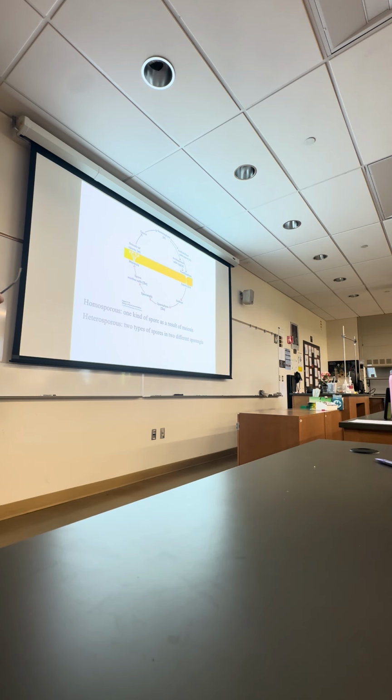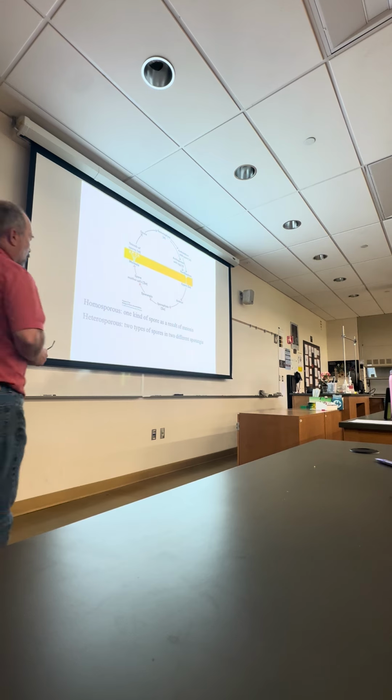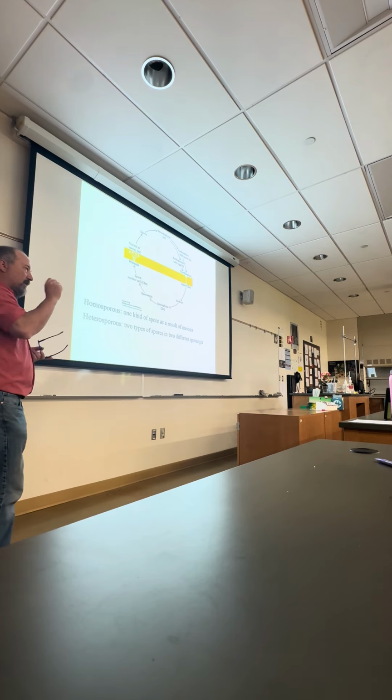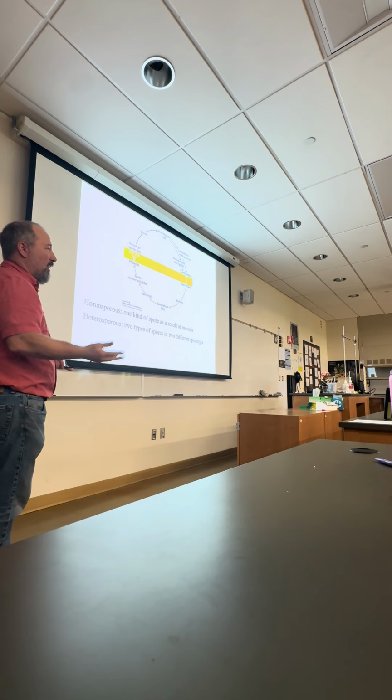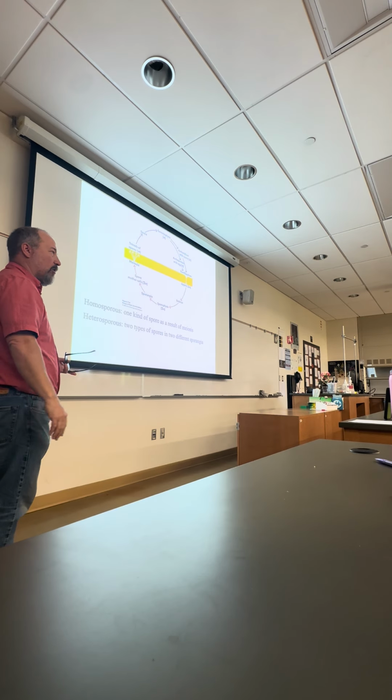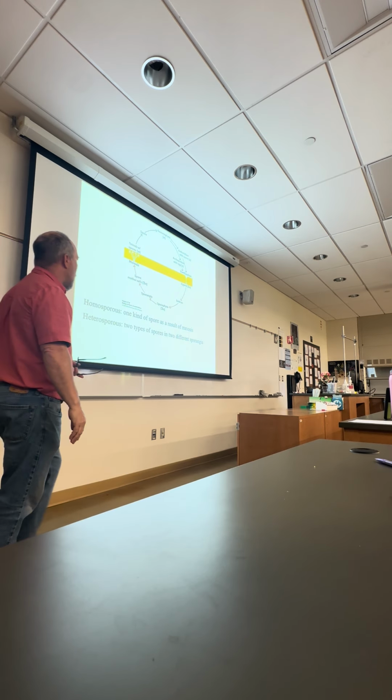Homo means same, so the spores are undifferentiated. You undergo meiosis and there's only one kind of spore. Then there are species that are heterosporous, where you can distinctively see the difference between the two spores. They have two different spores. One comes out of the antheridium and one comes out of the archegonium.